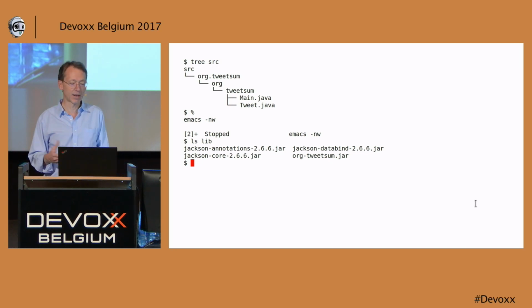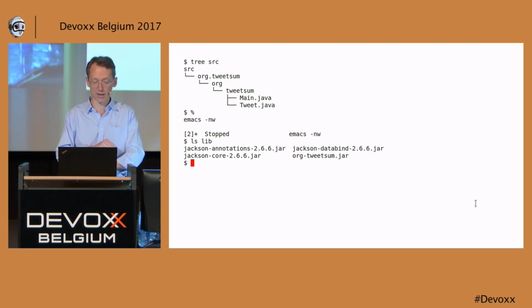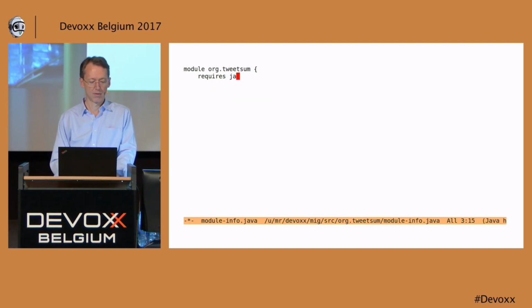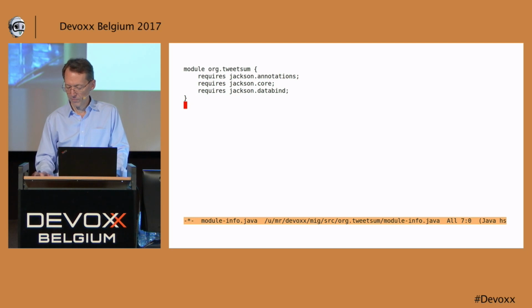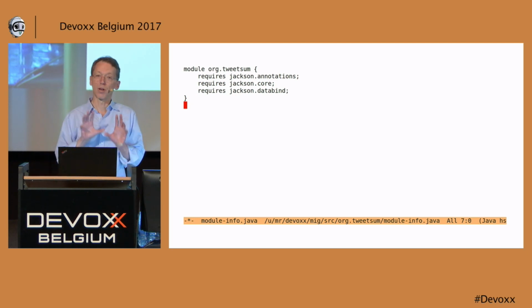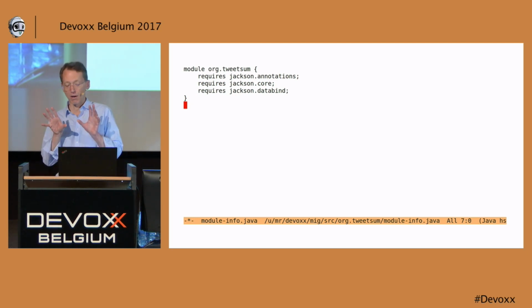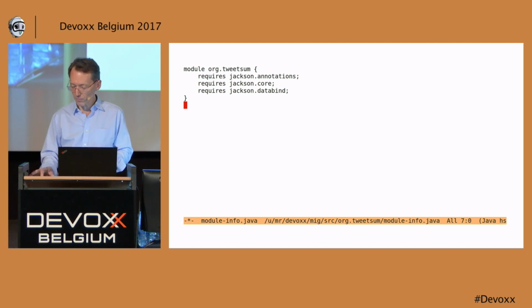And so, in effect, what we have are three modules called jackson.annotations and jackson.databind and jackson.core. So I can go back in here and actually type this. Okay, so I'm going to use these existing jar files as automatic modules.